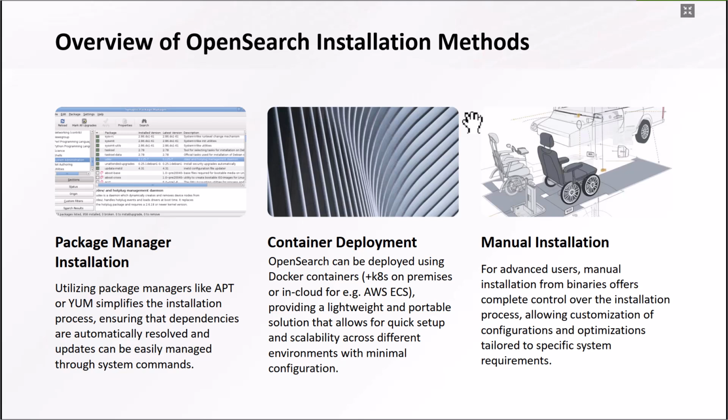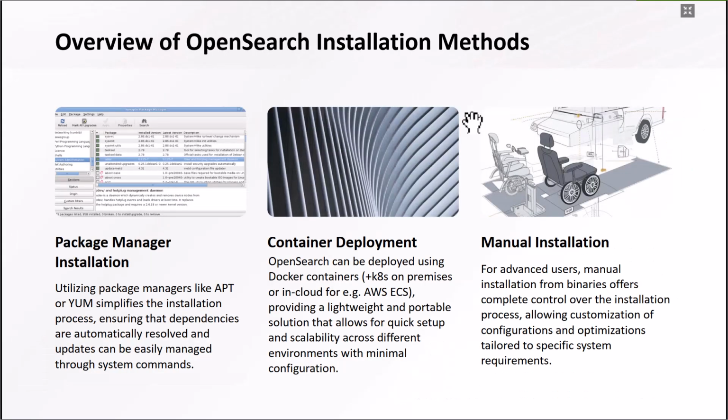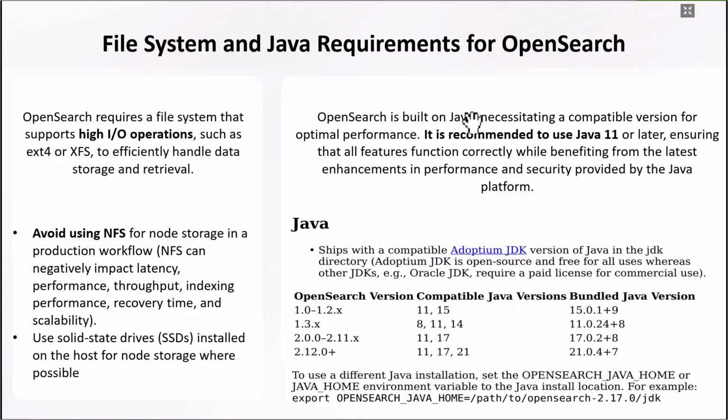We could also do a manual installation. This is for more advanced users, I would say for large enterprises who want to control every aspect of the OpenSearch install. Let me also mention, obviously, since containers are supported, Kubernetes is the most popular way to install this in a very large-scale environment.